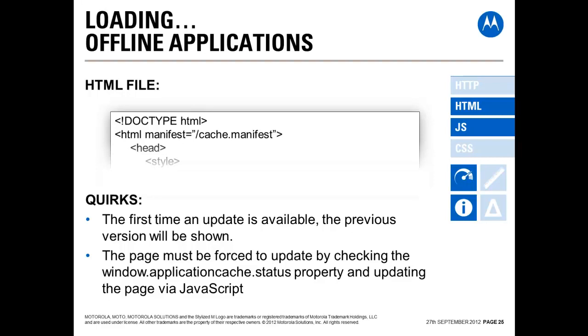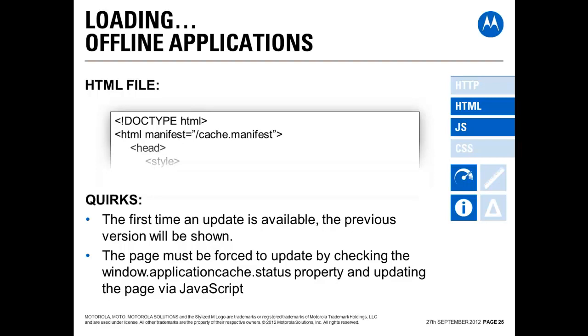This is a feature, not a bug, apparently. But it will download all of these files, and that's it. So even if there's a new version of the app on the server, the user at this point will see the old version. It won't automatically refresh with the new version.